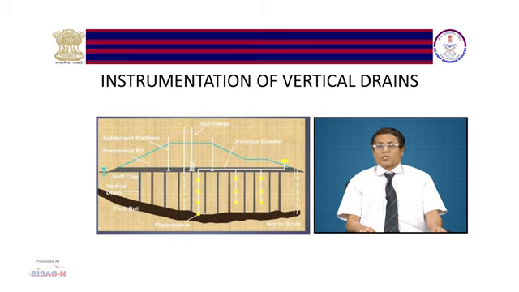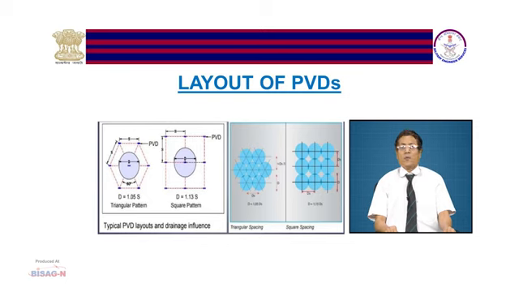After measuring the pore water pressure, accordingly what will be the settlement of this soil, that will be measured by the settlement gauge placed at the top of the soil, because with the settlement of the soil it will go down, and accordingly straightaway we can measure the vertical settlement.